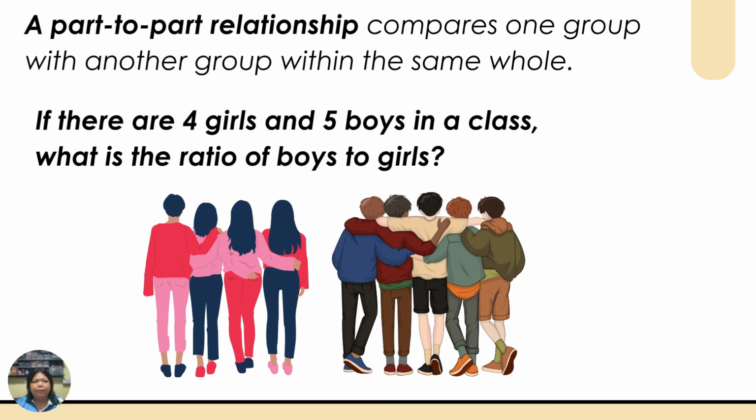So, for example, suppose there are four girls and five boys in a class. So, what is the ratio of boys to girls? So let's identify the quantities. There are five boys and four girls. Since we're looking for the ratio of boys to girls, we write the number of boys first.